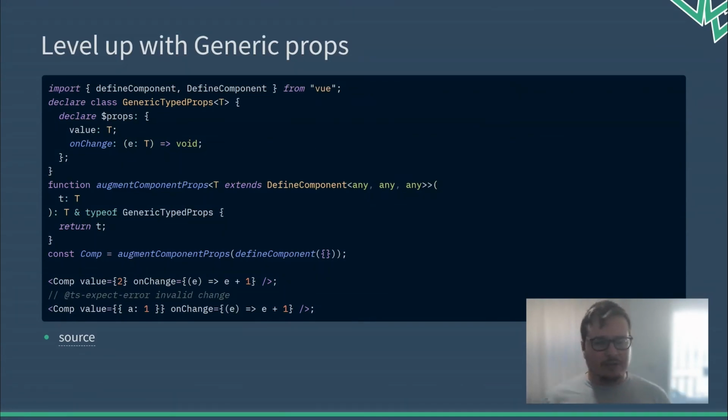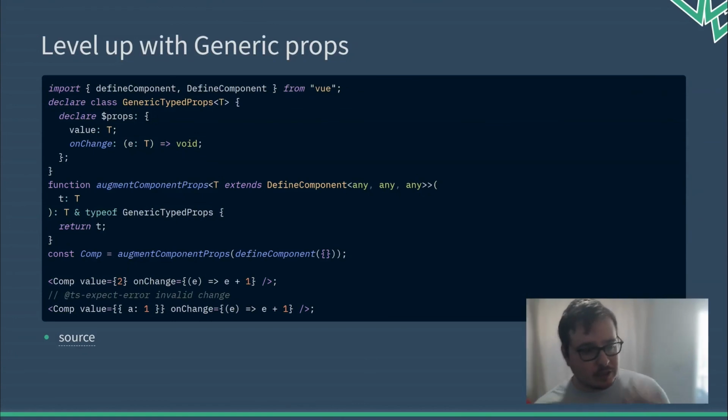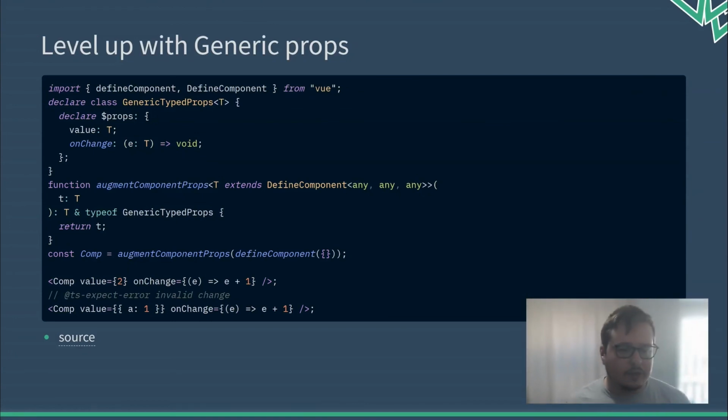This is also explained in the PR. If you go to the RFCs, you can see the generic class component there, and any feedback or ideas on how to use it are very, very welcome, just for us to improve this. So after we have our component, we augment the component props, and then we can use it.